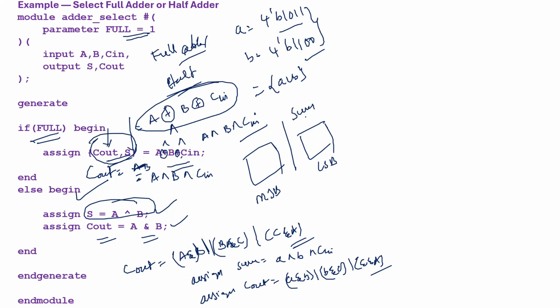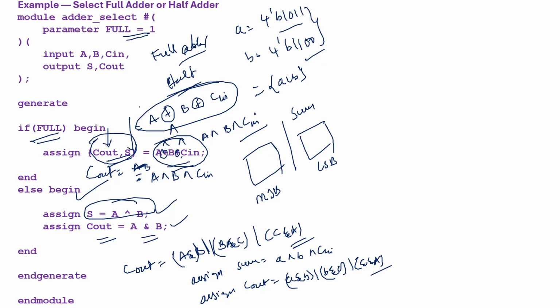You can also consider that, but you need to represent two outputs differently, right? For a single output, the full adder's sum and carry are considered the same, but in real hardware it is not like that, right? So the sum output is different and the carry output is different.